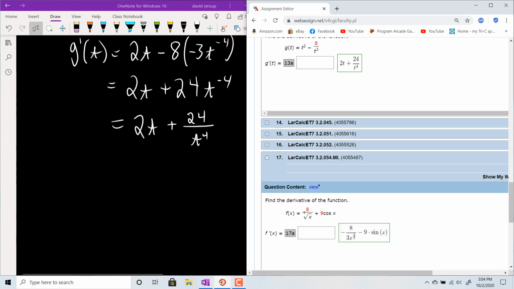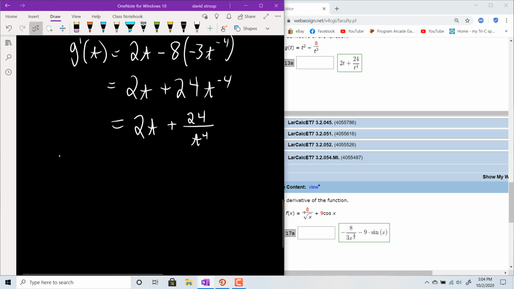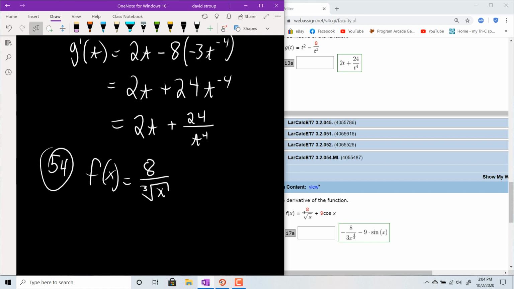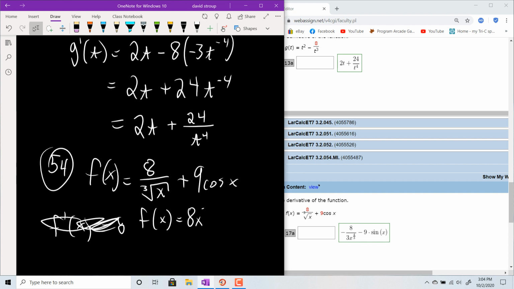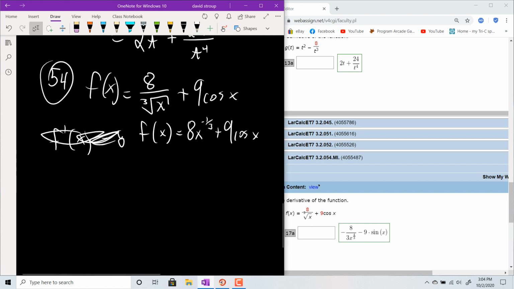Okay. Again, this is just a matter of rewriting with exponents and taking advantage of the power rule. So I'll have 8 all over the cube root of x plus 9 cosine x. F prime of x then, rewrite, well, I'm going to rewrite this first, so let me not write f prime. F of x then is 8x to the negative 1/3 plus 9 cosine x. Okay. And then take the derivative.